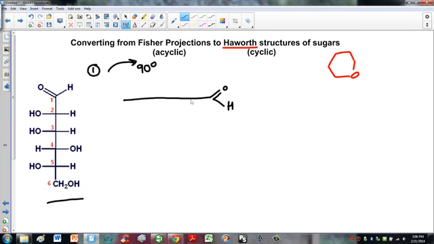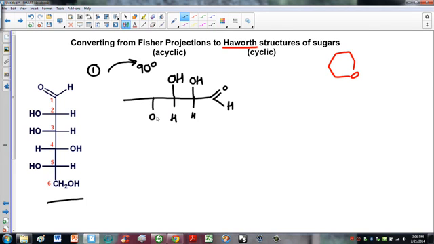Alright, so that's 1. Now, when this went down, hopefully you guys can see that the OH here is going to be pointing up when it falls down. You've got OH up, the hydrogen down. So that's carbon 2. Carbon 3 is exactly the same. We've got OH up, the hydrogen down. When we get to carbon 4, see that it's the opposite.